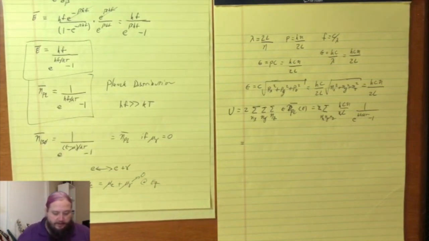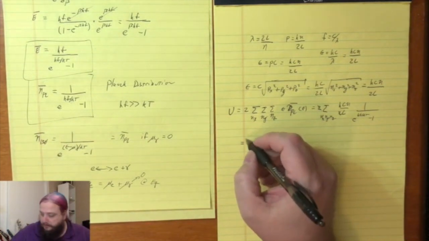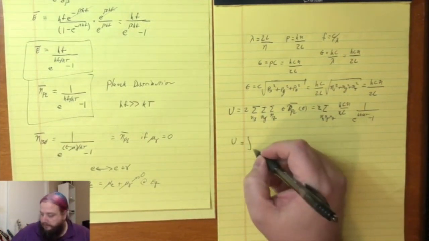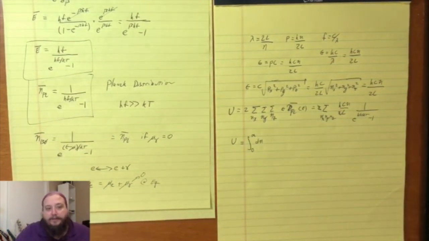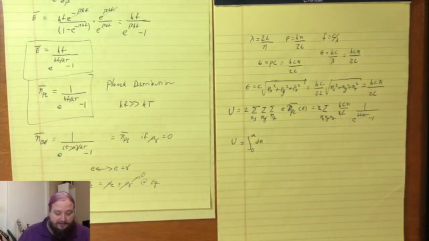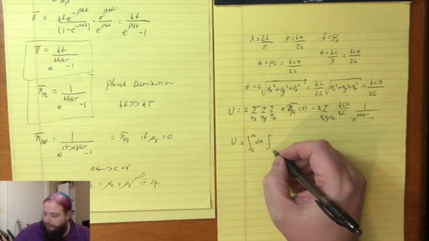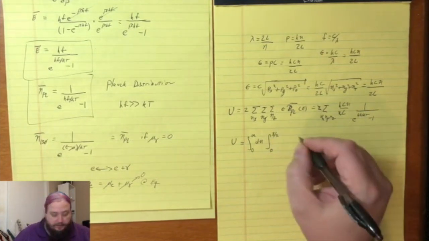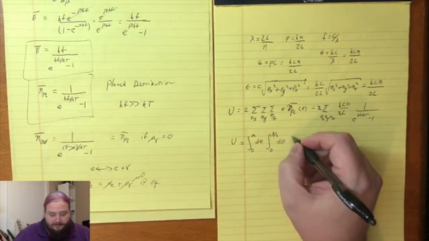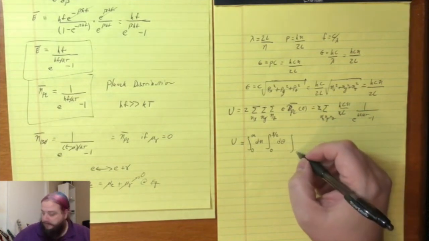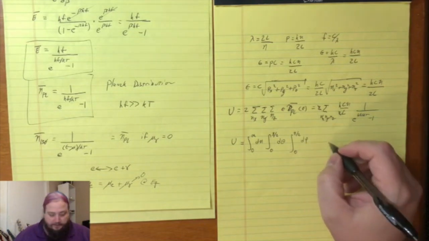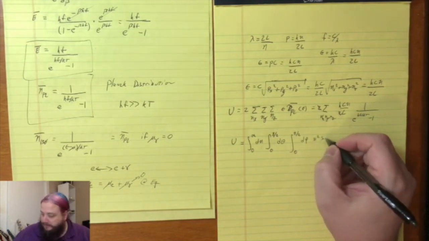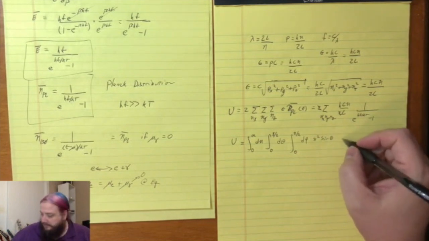Then we're going to get our integral here from 0 to infinity of dn, our radial coordinate in our three-dimensional n space, times the integral from 0 to pi over 2 of d theta, and the integral from 0 to pi over 2 of d phi, n squared sine theta.